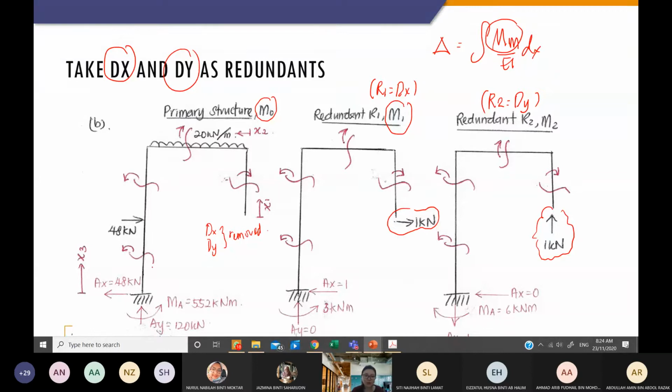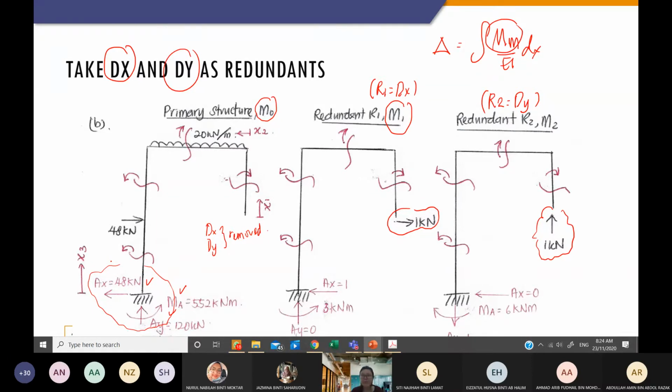You can determine the support reactions by taking summation moment at A equal to 0, then you can solve for MA. Summation FY, you can solve for AY, and summation FX, you can solve for AX. I hope you can try this and solve for the support reactions quickly later after this class.